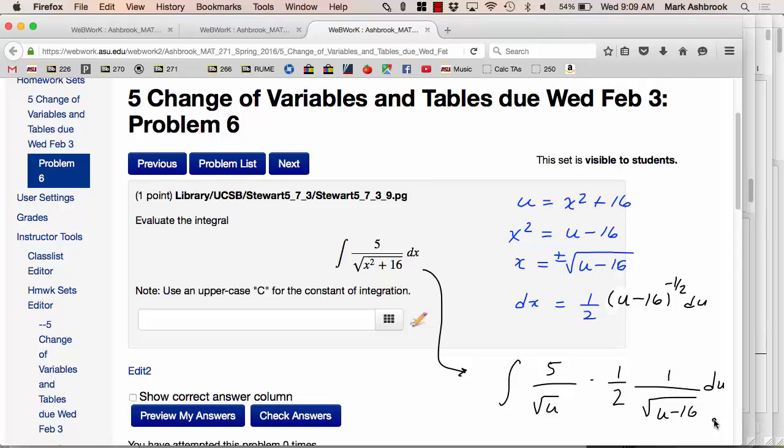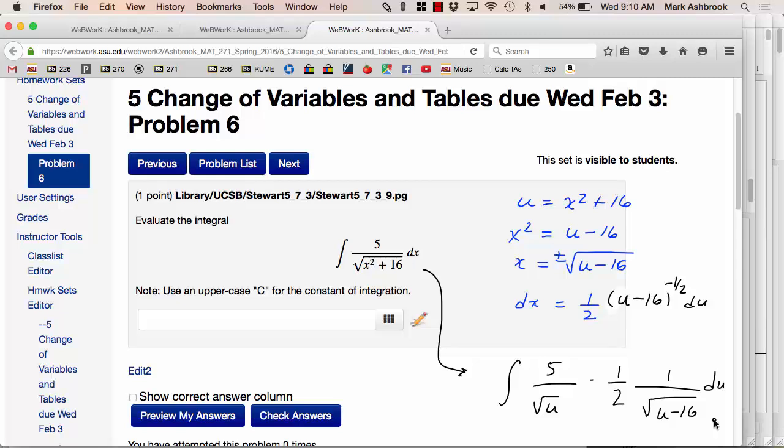If I multiply these in now, because they're both square roots, I can multiply those together, and I have the square root of u squared minus 16u. It's not any better than what we had in the first place.